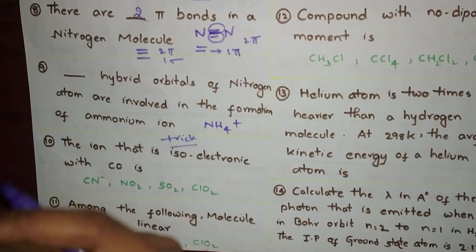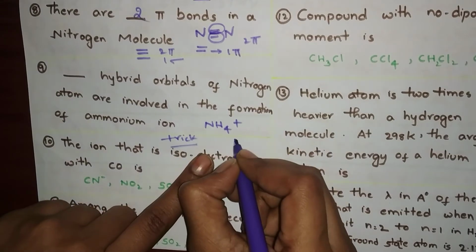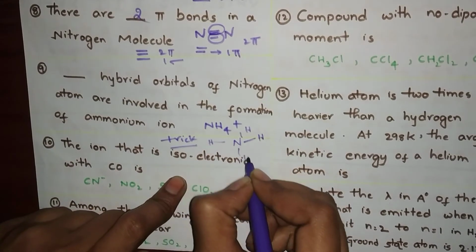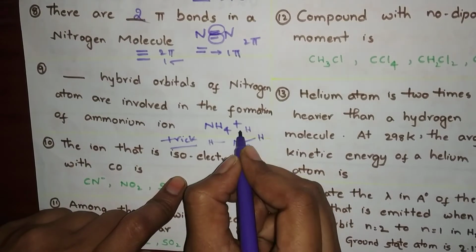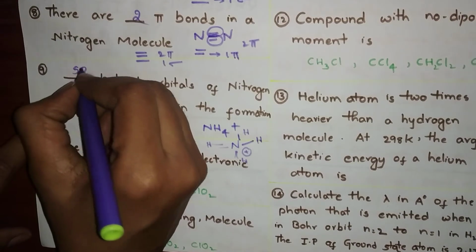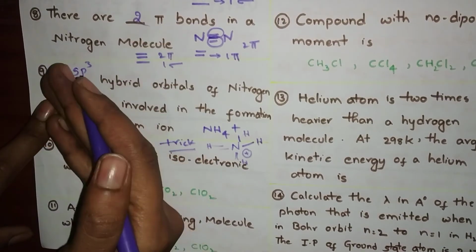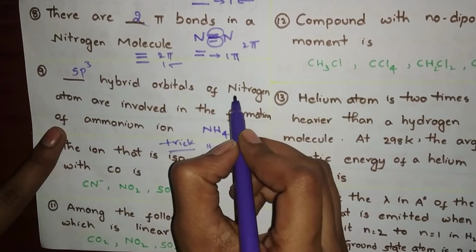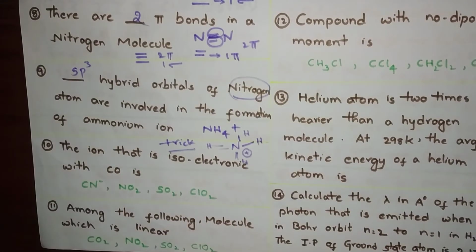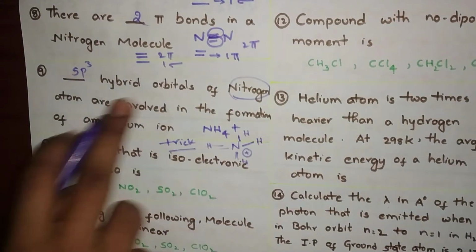That is, just count the number of bonds. Hydrogen, hydrogen, hydrogen, hydrogen, plus will be there. How many bonds? 1, 2, 3, 4. 4 bonds are there. So sp3. 3 plus 1, 4. So sp3 hybrid orbital. So from nitrogen, sp3 hybrid orbitals are there for the formation of ammonium ion.